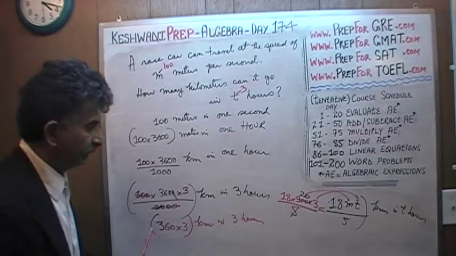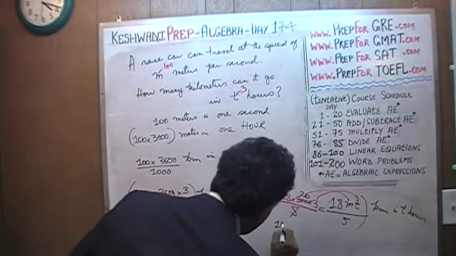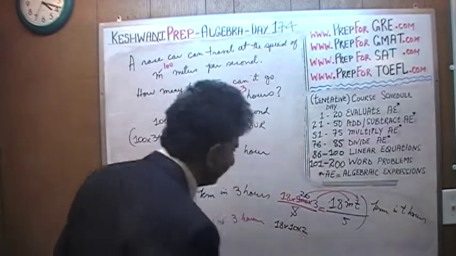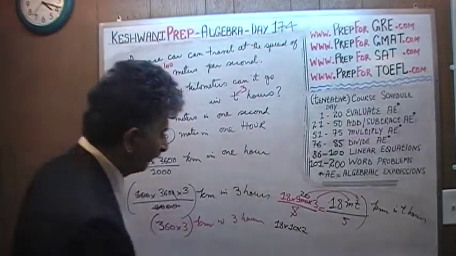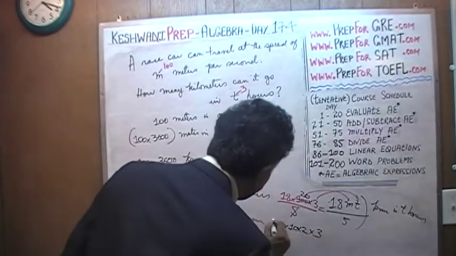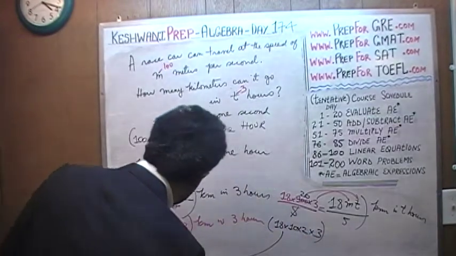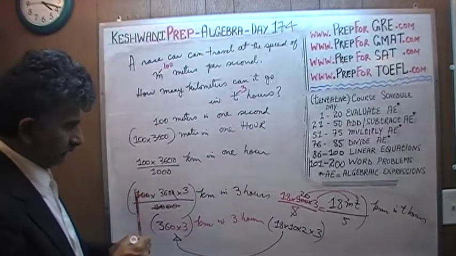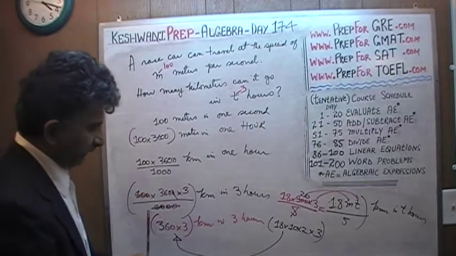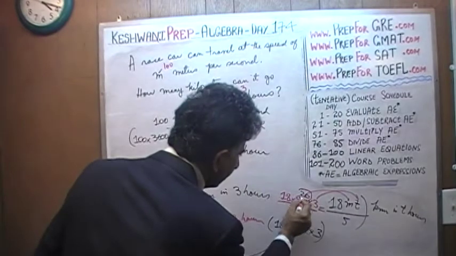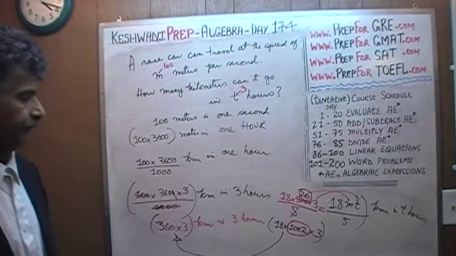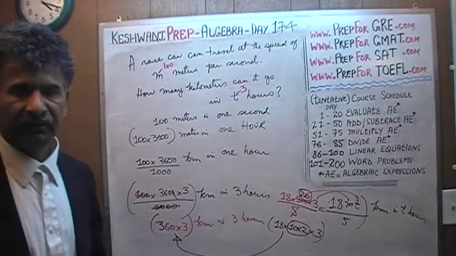Well, 18 times 10 is 180, and 180 times 2 is 360. Voila! 360 times 3. This quantity is the same as this quantity. What I basically did just now is to break up this 20 into 10 times 2, because I find it easier to do.